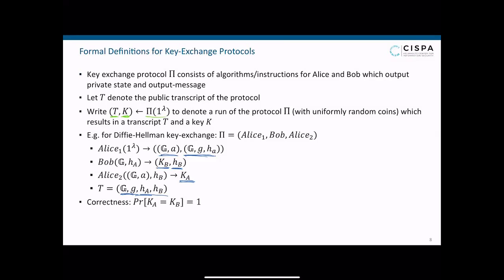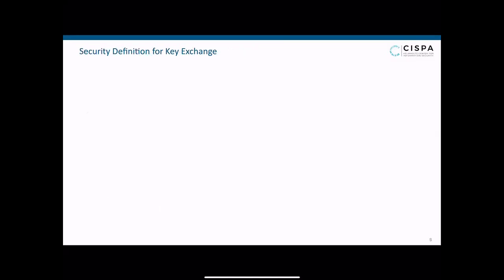So correctness just requires that the two keys, the one generated by Alice and the one generated by Bob, are the same, right? We require that Ka is the same as Kb with probability 1. And of course, this can be weakened. But now let's get to the interesting part, namely security definitions for key exchange.